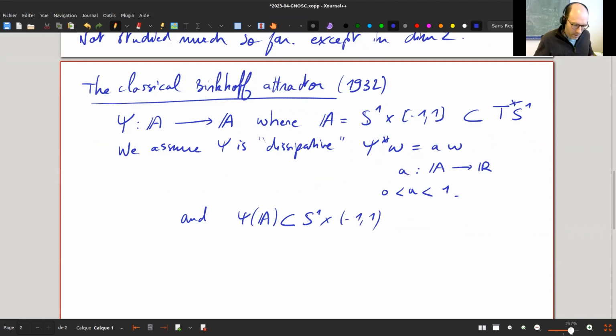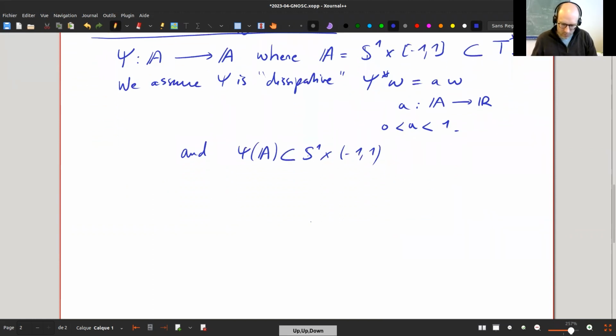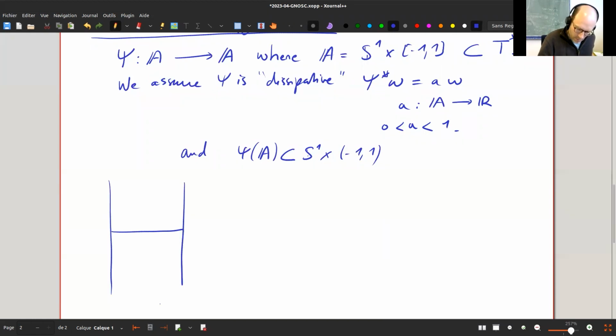Okay, so I can start to draw a picture. So this is S1. And -1. So S1 is represented by a segment here.